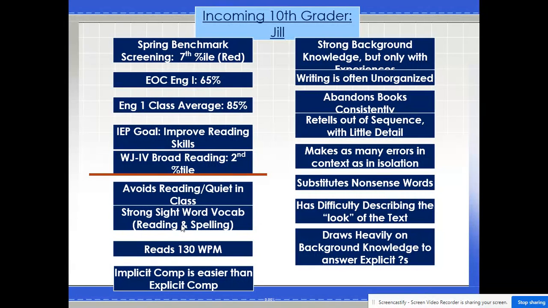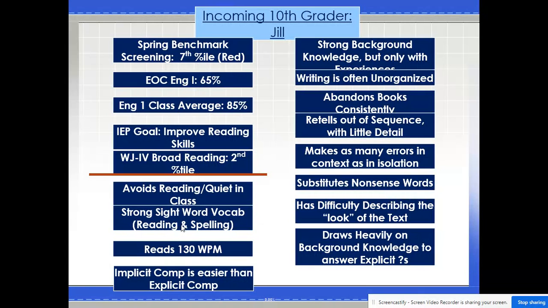I want to help her improve her reading skills. How? I see that she needs to improve them, obviously, but how am I going to do it? Well, the answer is simple here. We're going to work on those lower level comprehension skills, which are called explicit. She needs a lot of work.